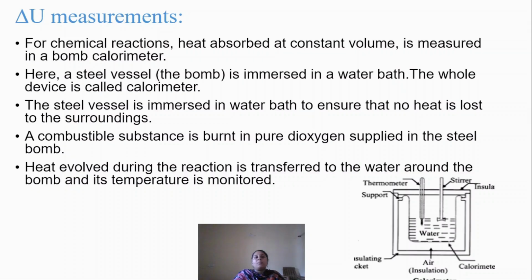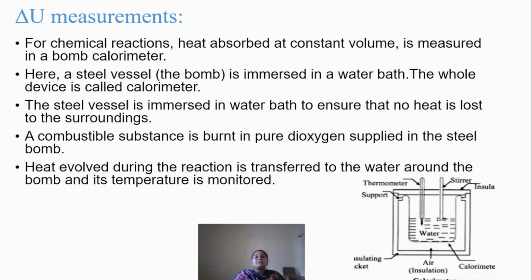The delta U measurement. For a chemical reaction, heat absorbed at constant volume is measured in a bomb calorimeter. Here a steel vessel is immersed in a water bath, and the whole device is called a calorimeter. The steel vessel is immersed in the water bath to ensure that no heat is lost to the surroundings.